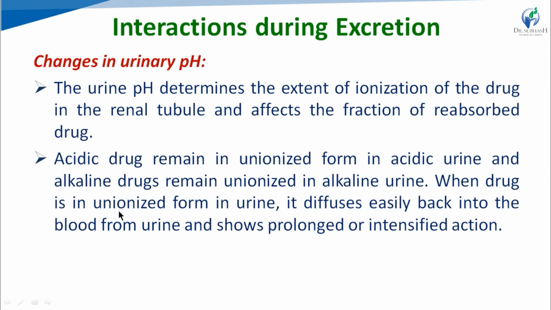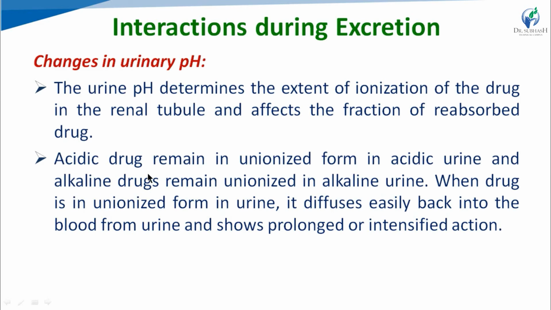Now when a drug is in unionized form in urine, it diffuses easily back into the blood from urine and shows prolonged or intensified action. देखिए यहाँ पे अगर हमें किसी ड्रग का ज्यादा इफेक्ट चाहिए, then in that condition, if the drug is in unionized form in urine, then again it will diffuse back into the bloodstream and it will show the effect of the particular drug. But अगर यहाँ पे ionization हो गया, then it will be excreted.